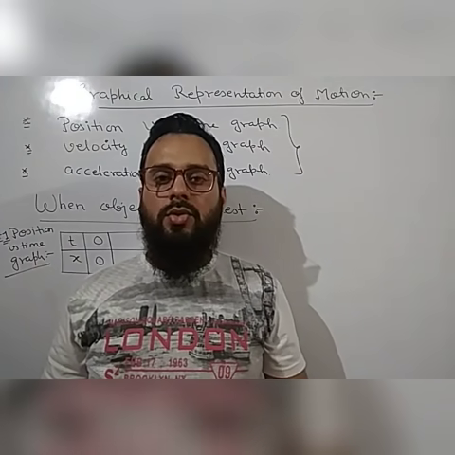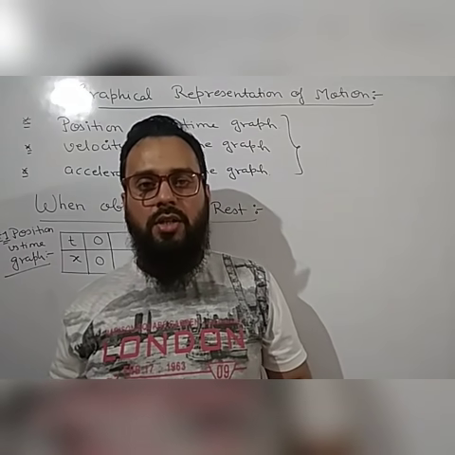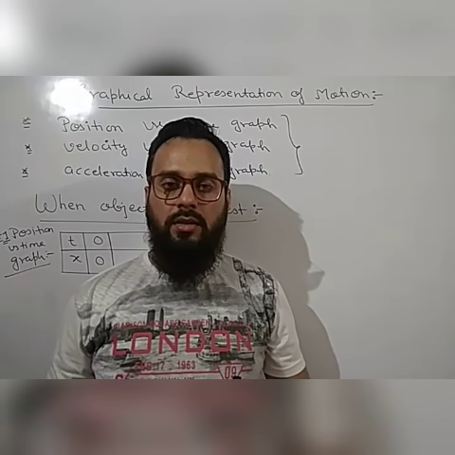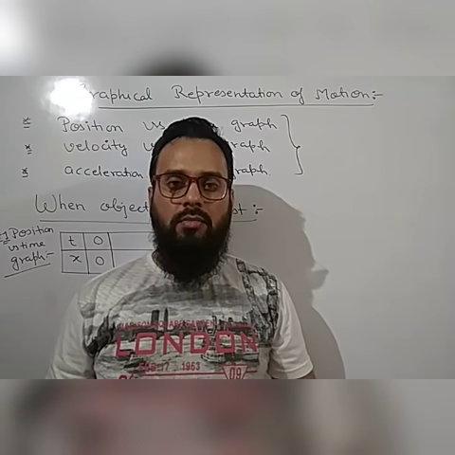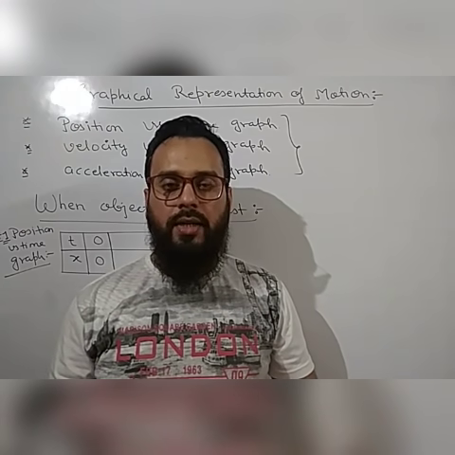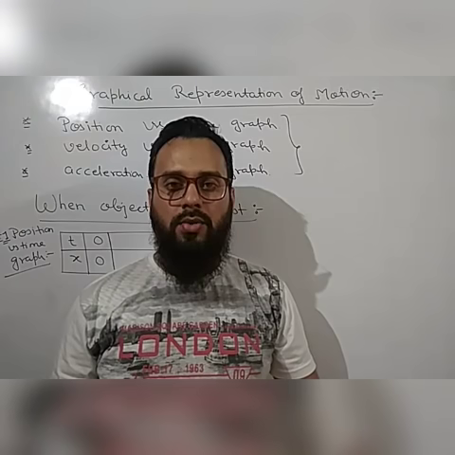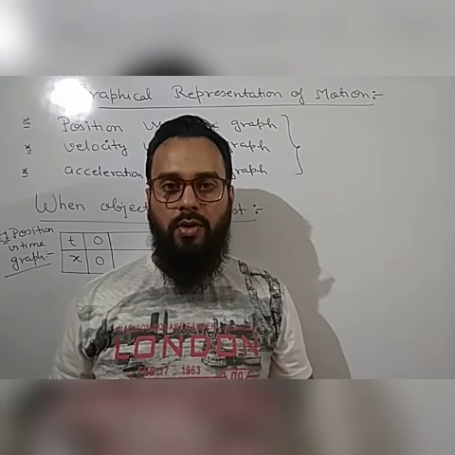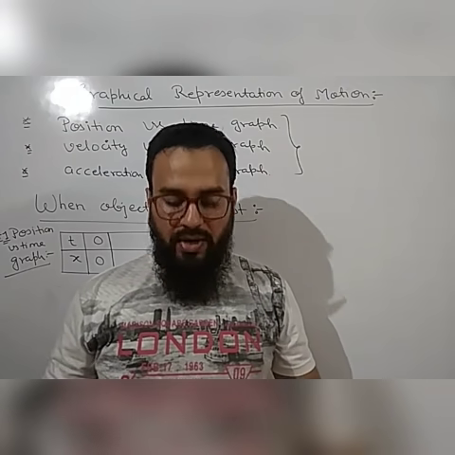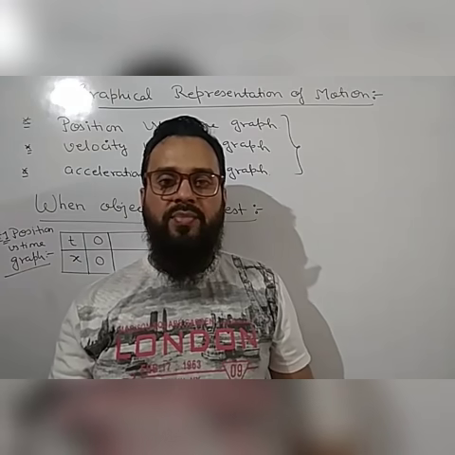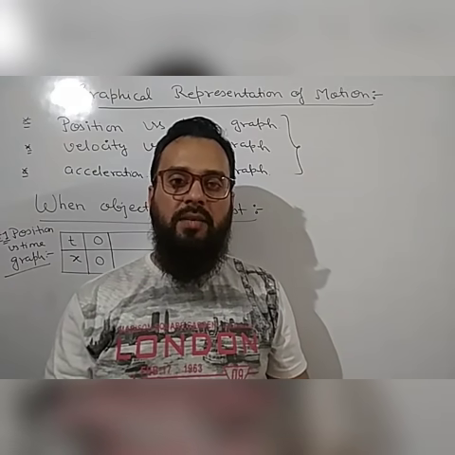If I want to draw the graph of change in position with time, now time started. I am standing here. For t equal to 0, my position is not changing. After 1 second, 2 seconds, 3 seconds, 4 seconds, 5 seconds, my position is not changing at all. If I was standing at x equal to 0, the time is increasing but my position is the same, that is 0.